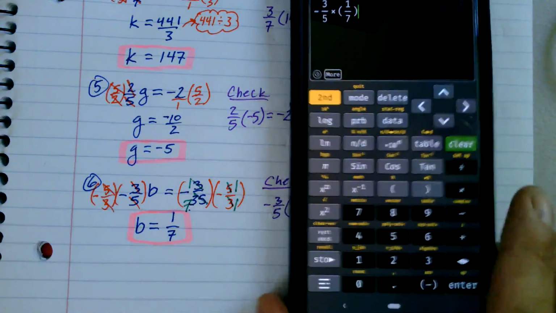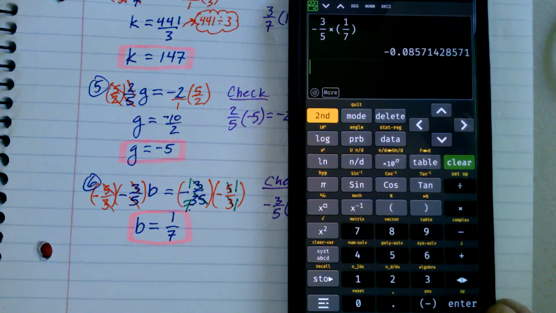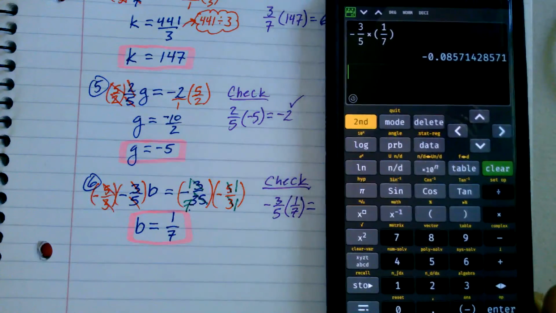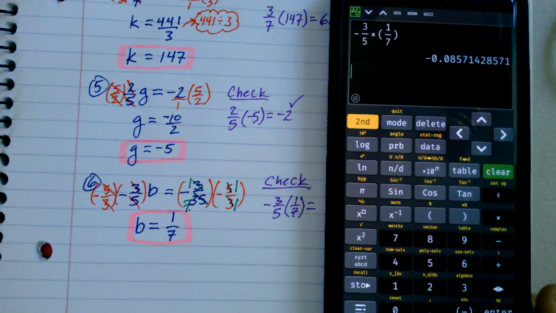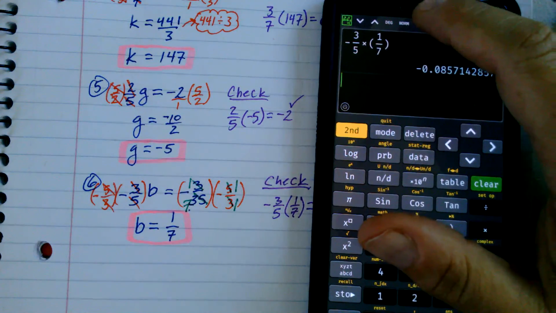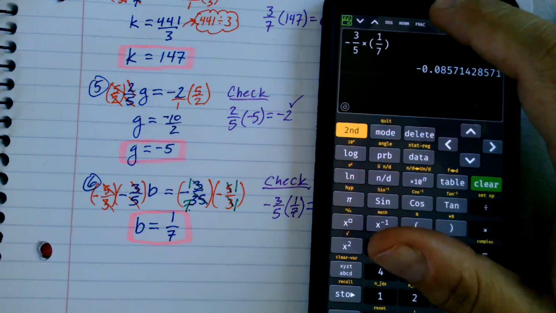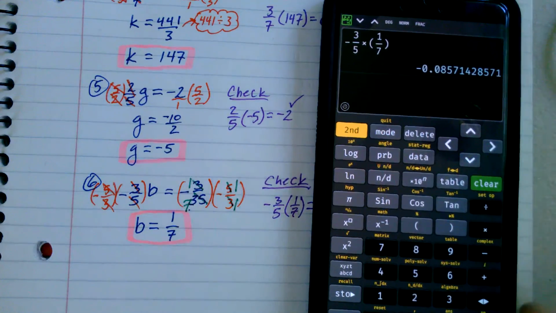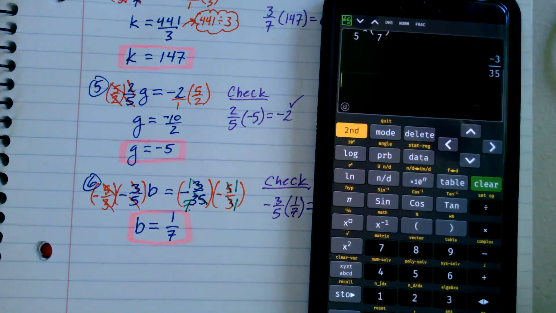So this is what I'm multiplying. And it gave me this answer this way. But if I change it to decimal or change it to fraction, I get negative 3/35, which is what I started with. Boom.